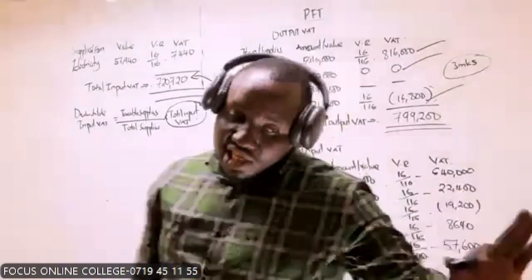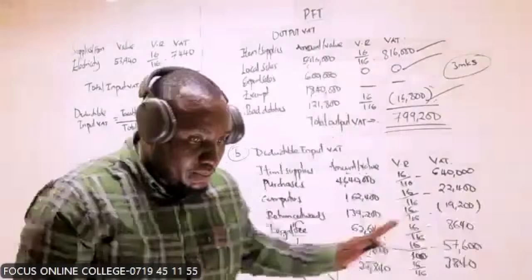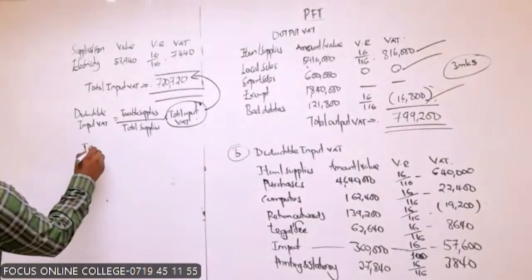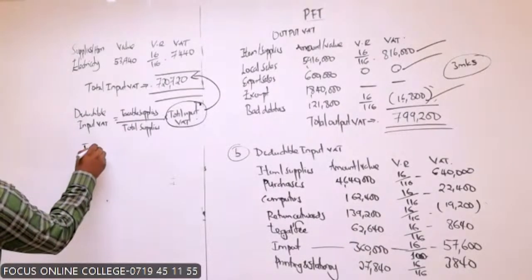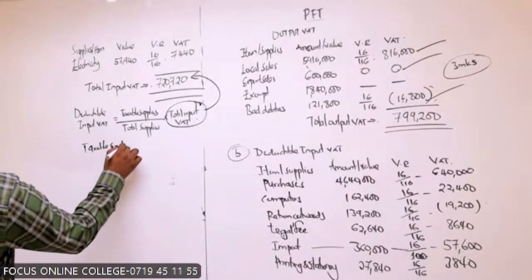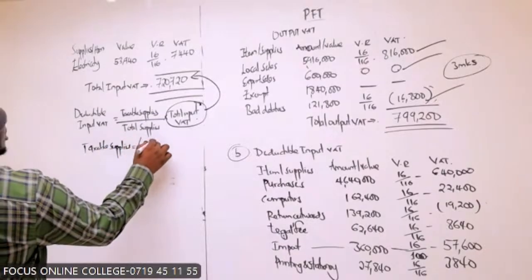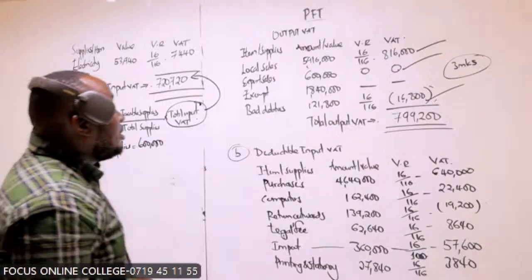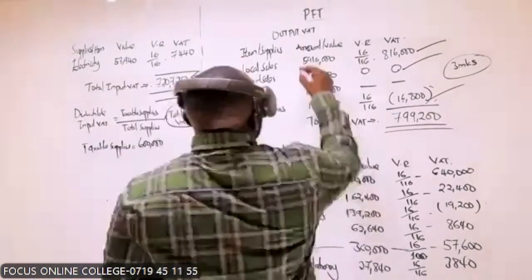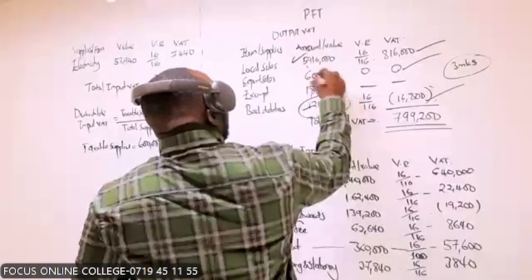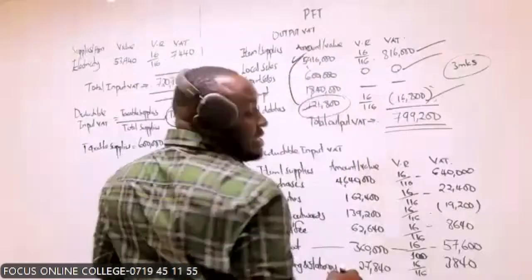So I want to get taxable supplies. So zero rated ngapi is 600. What about standard rates? Standard rate is this and this. But we say it should be exclusive of VAT.